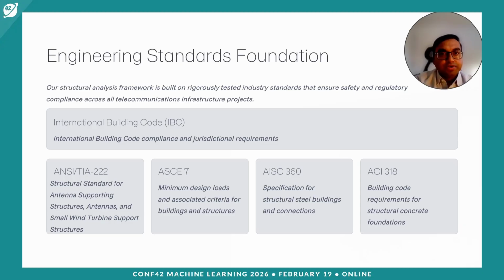ACI 318 covers reinforced concrete design and is essential for tower foundation design, including drilled shafts, split footings, and mat foundations. These standards form an integrated framework when we talk about automating or applying analytics to structural analysis. We must ensure full compliance with this code hierarchy.